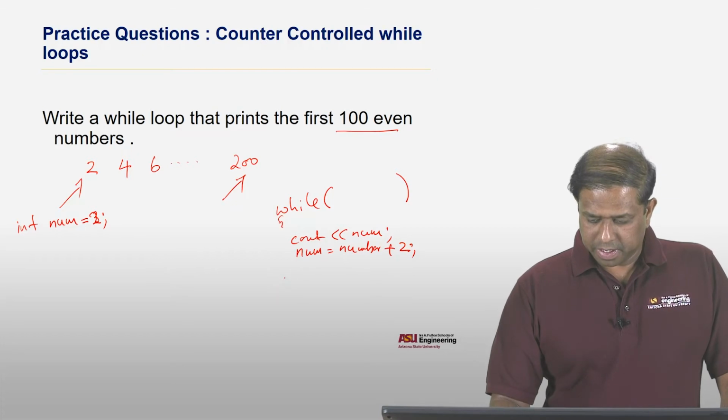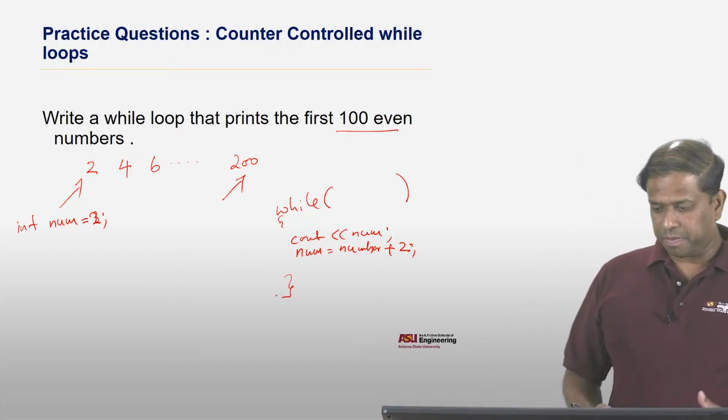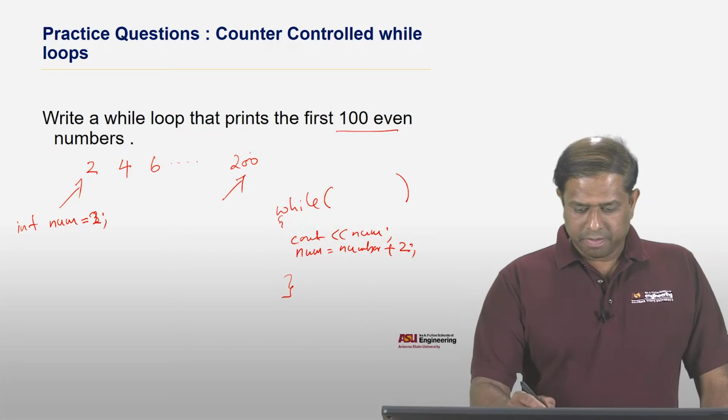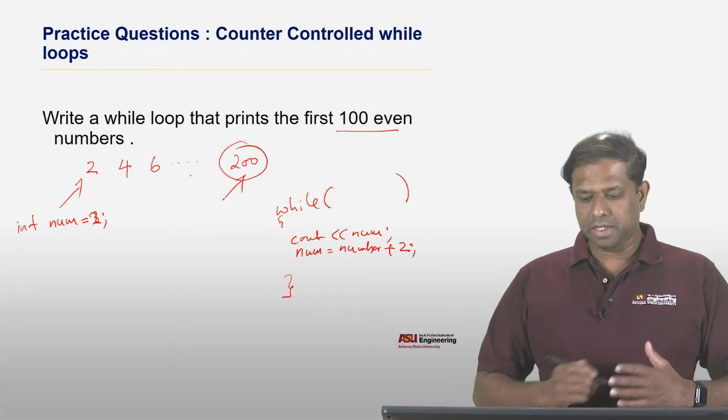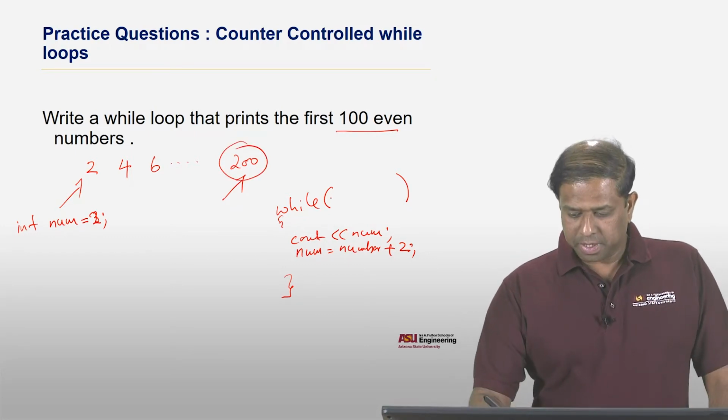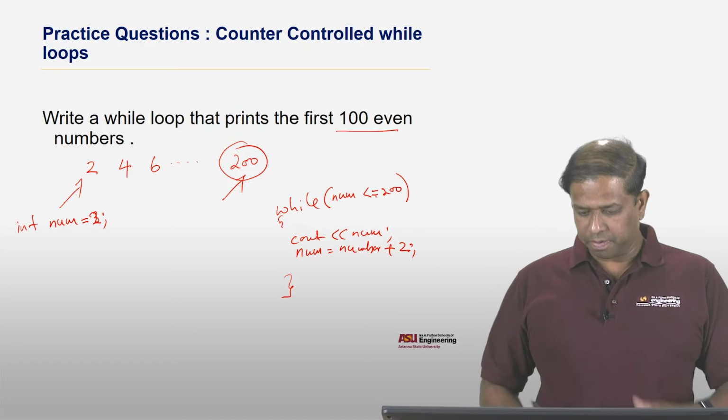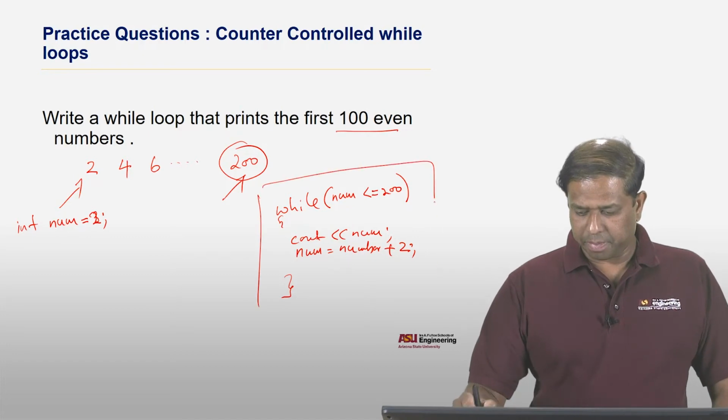Then while a certain condition is true, we are going to perform this operation. Now we know that 200 is giving us the stopping condition. That means the number has to be less than or equals to 200 for us to perform this particular operation, right?